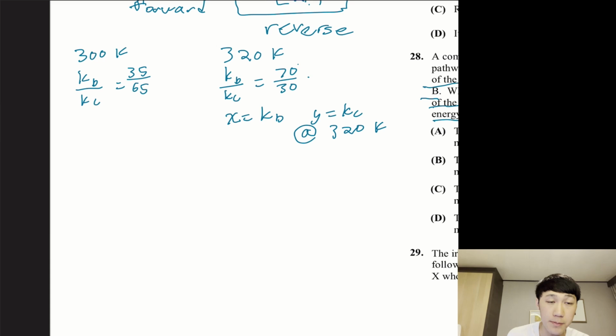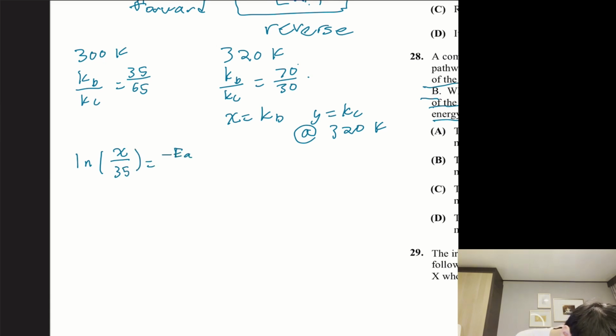Now let's set up the Arrhenius equations for each of these reactions. So for reaction B, the natural log of x over 35 equals negative EA of B over R times 1 over 320 minus 1 over 300.